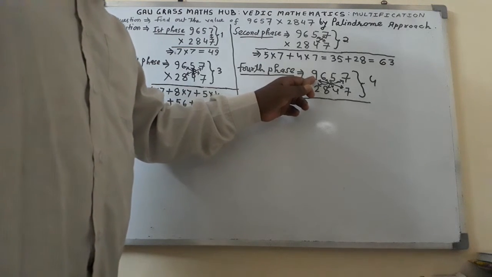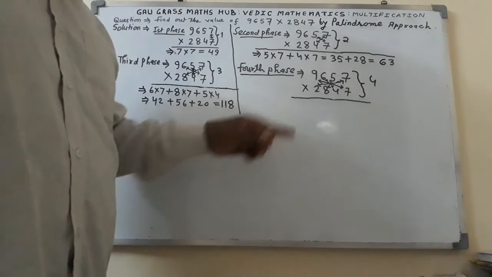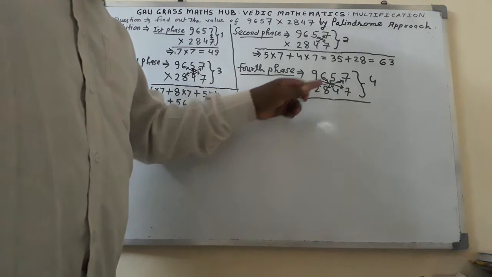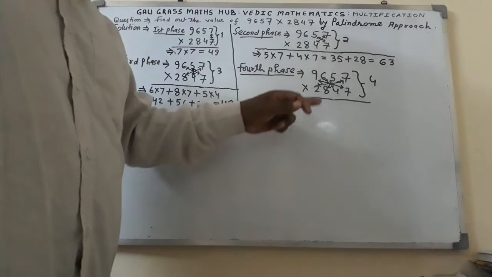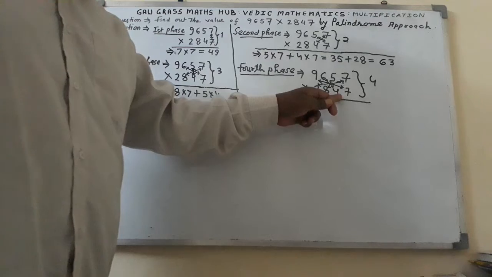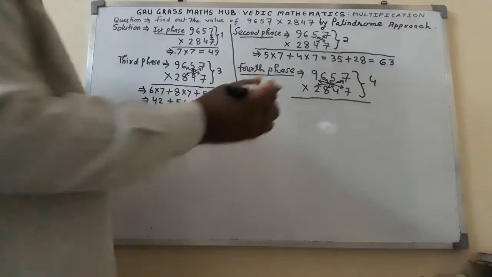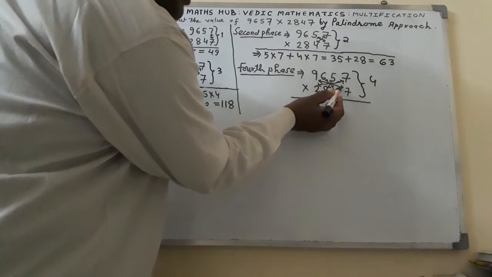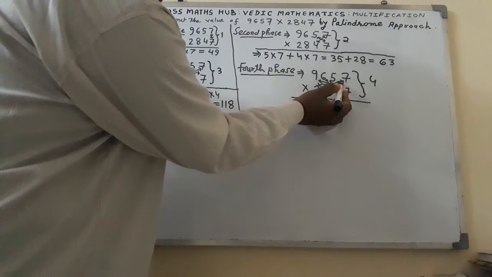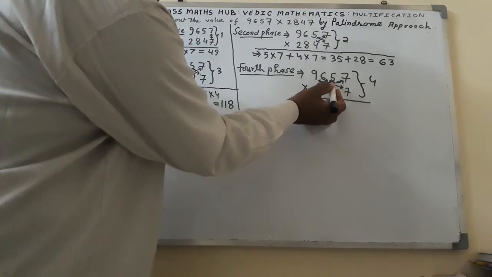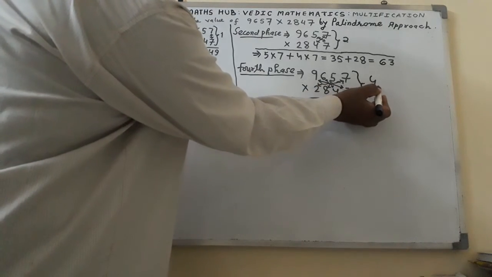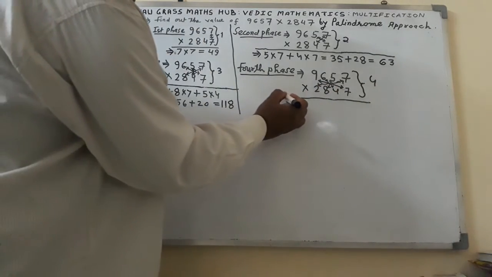Here you can see 9 multiply to 7 plus 2 multiply to 7 plus 6 multiply to 4 plus 8 multiply to 5. So here you can see one transverse line, 1, 2, 3, 4. That's why I have written here 4.